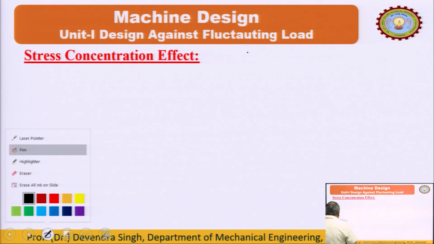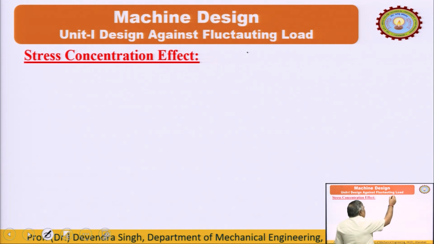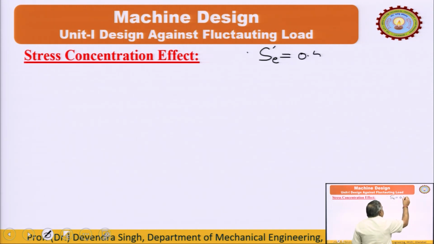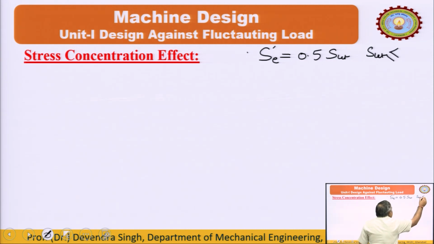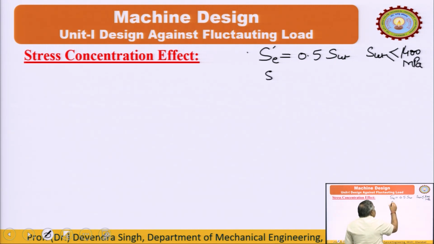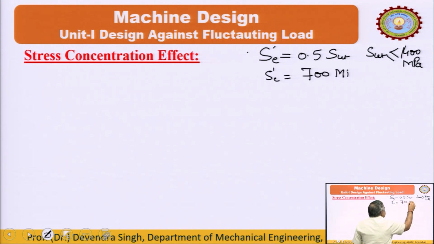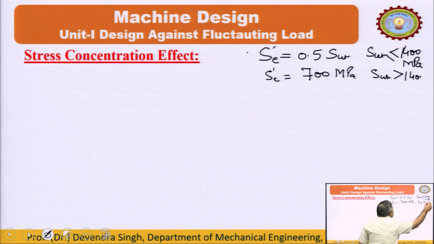I forgot to give this. S prime E is 0.5 times SUT if SUT is less than or equal to 1400 megapascal, and S prime E is fixed at 700 megapascal if SUT is greater than 1400 megapascal.